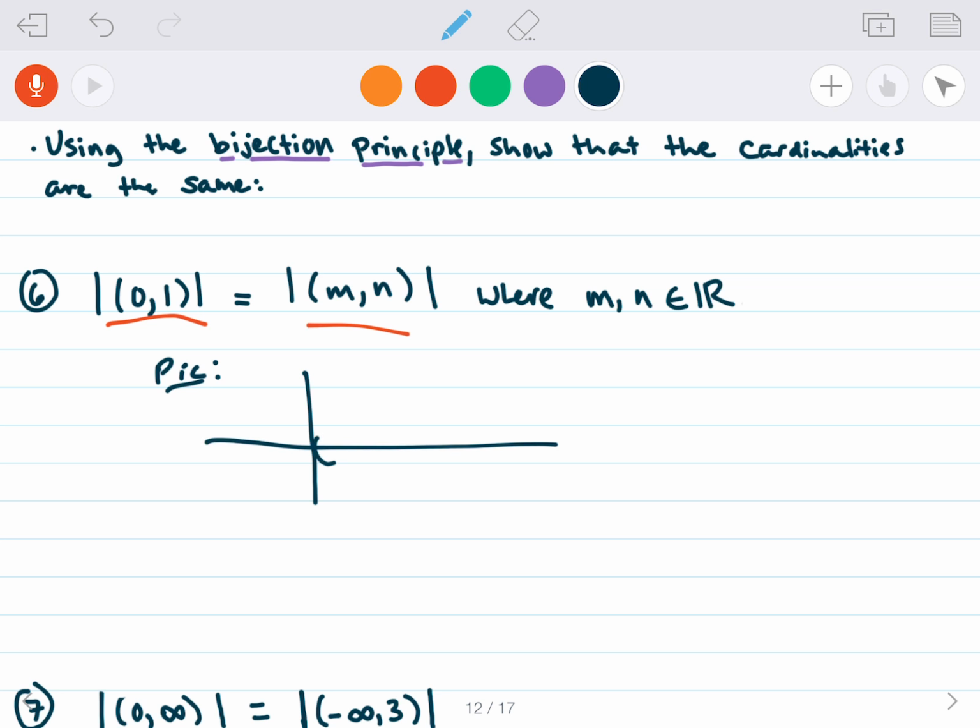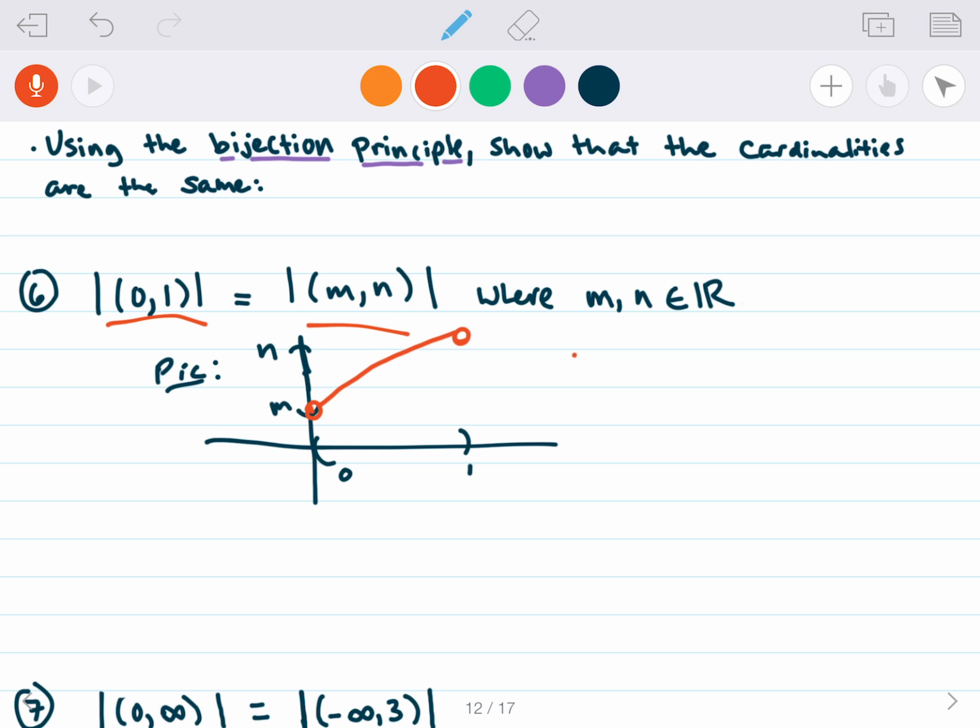I'm going to choose 0, 1 to be the domain, and it's going to map into m to n right here. And so you can just draw your line. You don't have to do a line, but I think it's the easiest in this case. So you want everything here to get mapped to everything here.